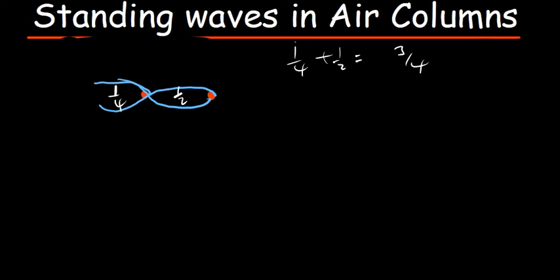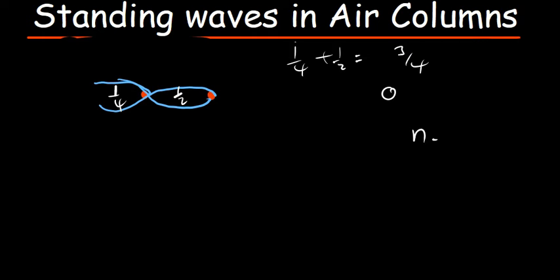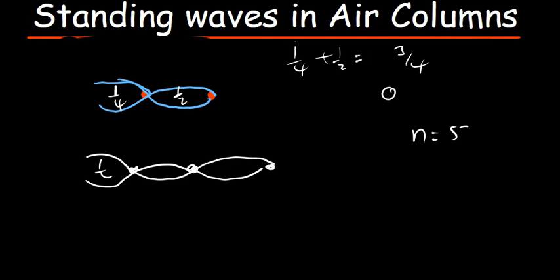So when n is equal to 3, when we're talking about the standing wave, when it is open at just one end, the orientation of the diagram will be like that. When n is equal to 5, then we'll have 1, 2, 3, like that, because this is 1 over 4, this is half, and this is half.